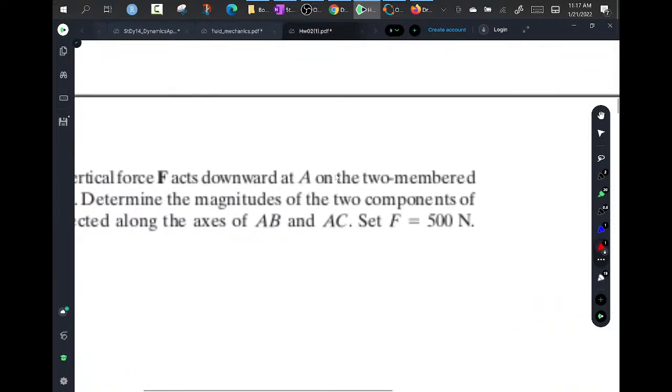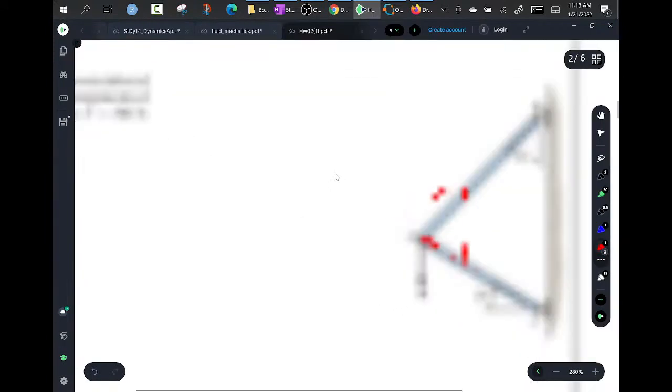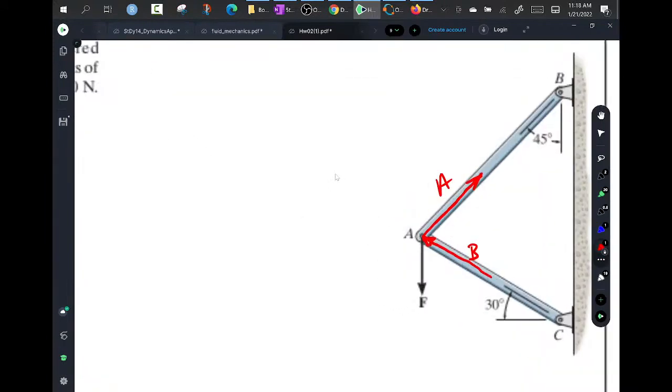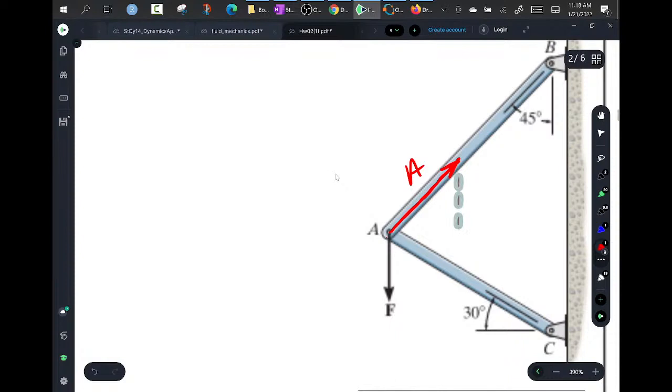Just determine the magnitudes of the two components along. Now, technically, this problem should be kind of delayed a little bit, but that's okay. So, what I'm going to try to do is redraw this B. This is going to be an interesting approach here. I'll draw a straight line so I can erase it, but I'm going to just drop a vertical line, and I'm going to start.